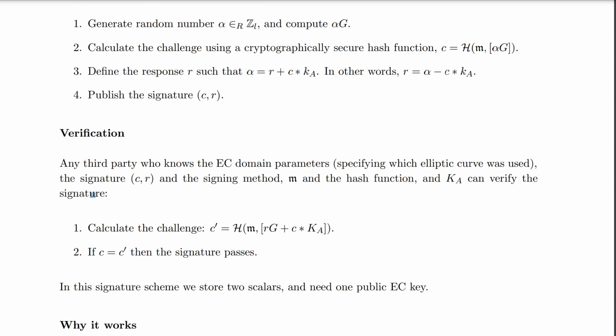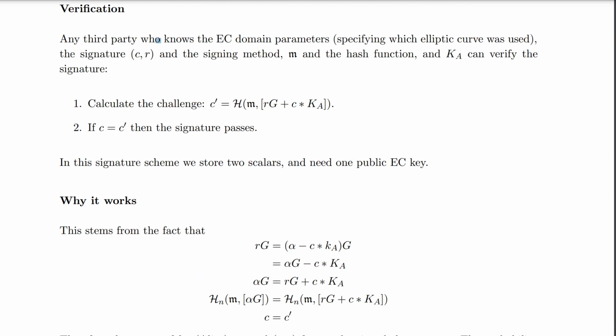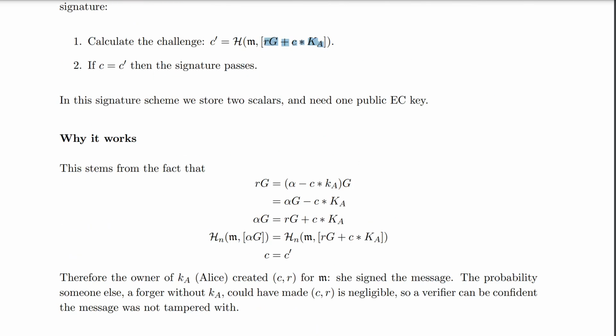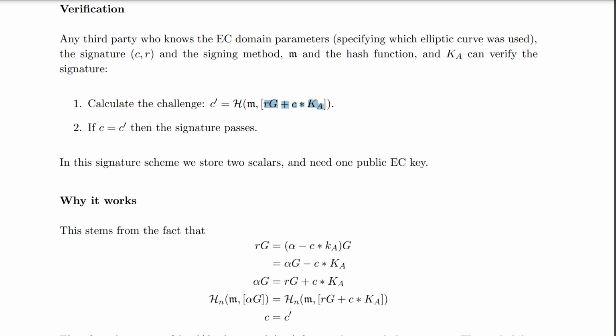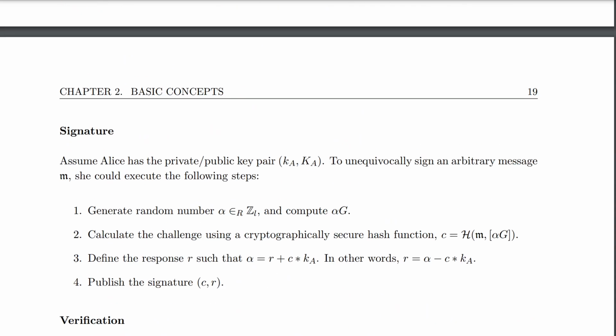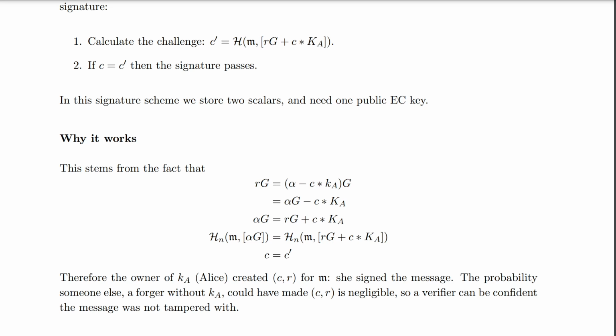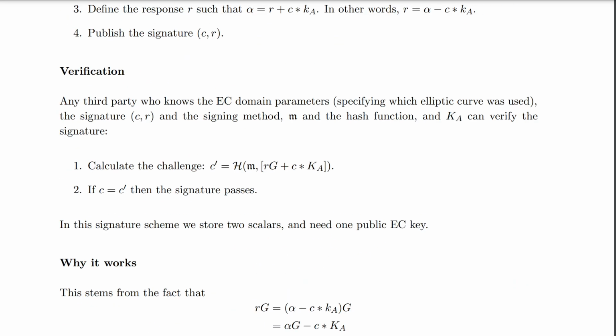You've got all of this information as a verifier that is publicly available, along with the signature that was just published, and you can calculate a challenge C prime equal to the hash of the message plus this term. Keep in mind the point is that this term, RG plus C times the public key K sub A, ends up creating an equivalent to that original challenge. So we just calculate that, test it against the original, and make sure that they're equal.